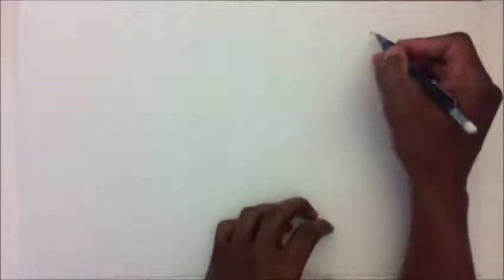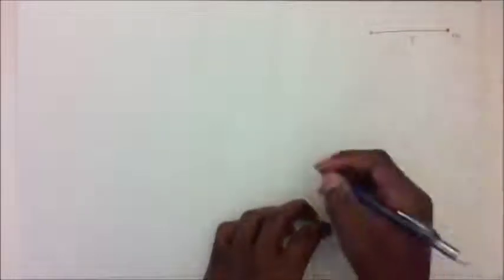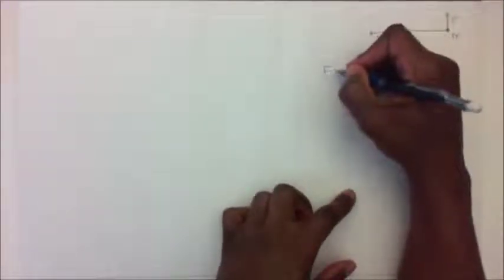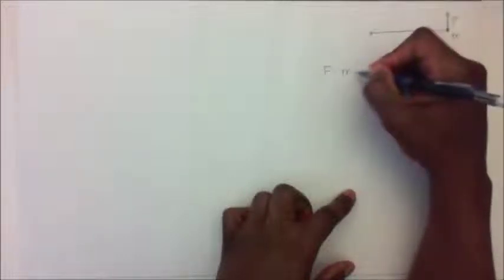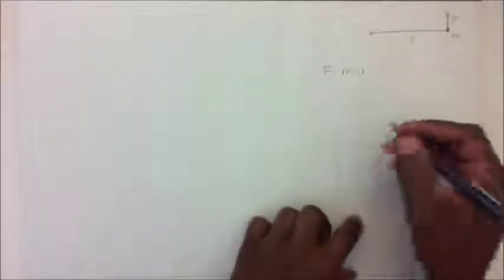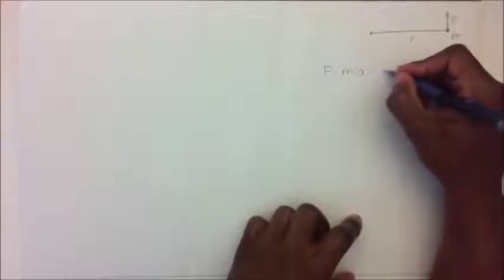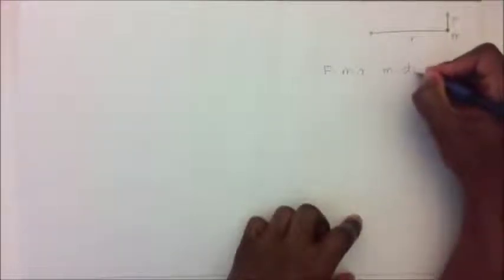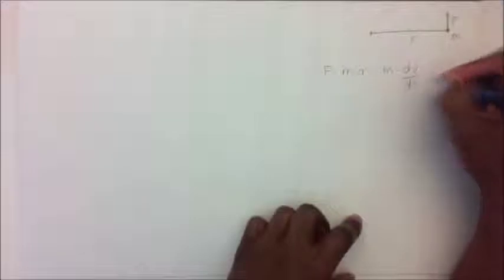So let's say that we have a fulcrum and a lever arm, which has a radius of r, and at the end of the lever arm, we have a mass, which we call m. Now, if I apply a force on that mass that's perpendicular to that lever arm, we can say force is equal to the mass times the acceleration, or the mass times the change in velocity over the change in time.